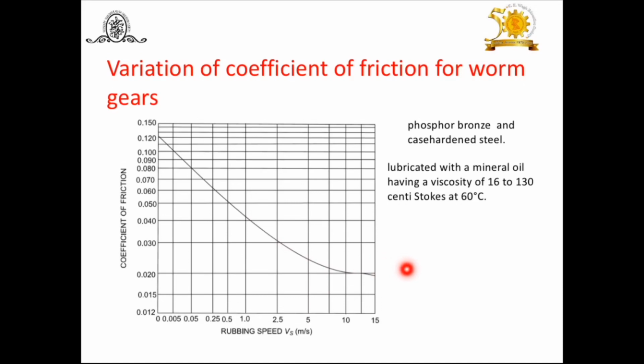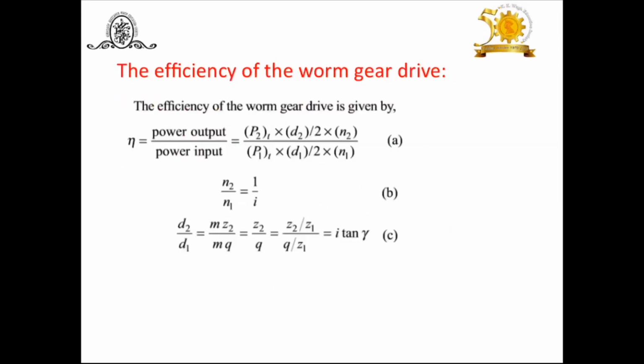This plot is constructed when the worm gear is made of phosphor bronze and the worm is made of case hardened steel, lubricated with mineral oil having viscosity 16 to 130 centistokes at 60 degrees Celsius. By using this chart or graph, we can easily find the coefficient of friction for different rubbing velocities, and this value will help you to get the efficiency of the worm and worm gear drive.